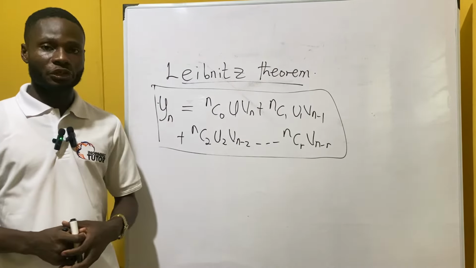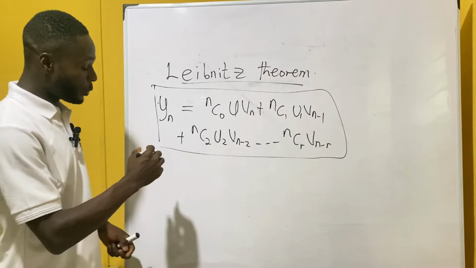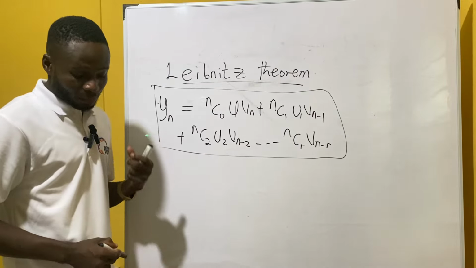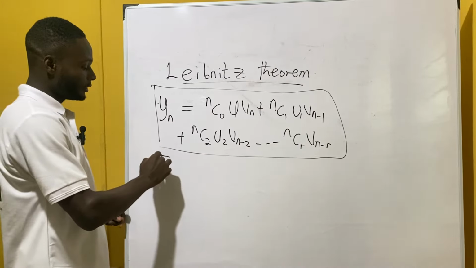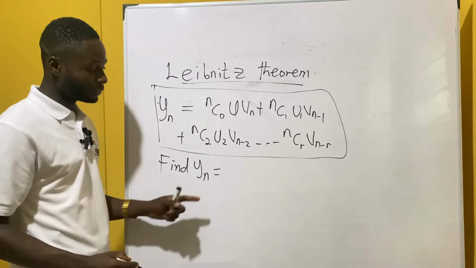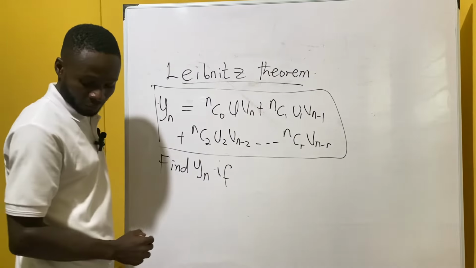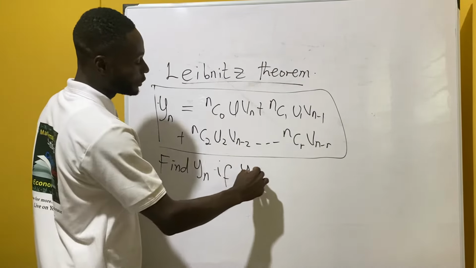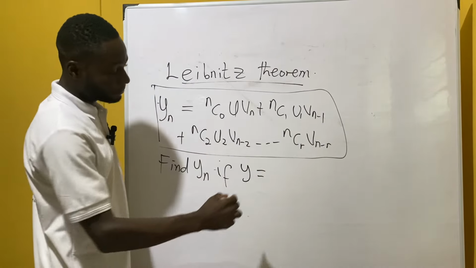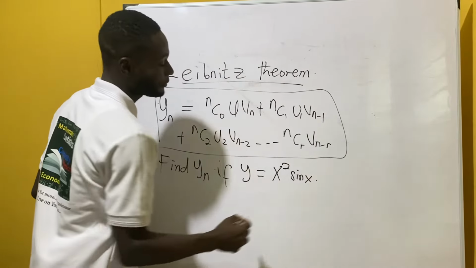We are going to look at a problem to clarify this theorem. Let's look at this particular problem where we should find y_n if y is equal to x squared sine x.